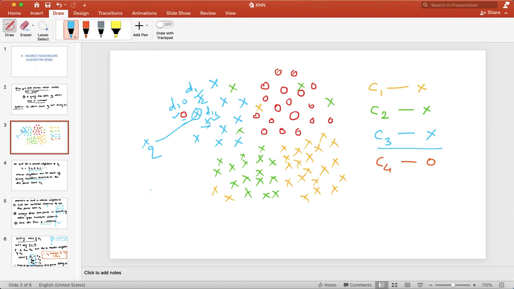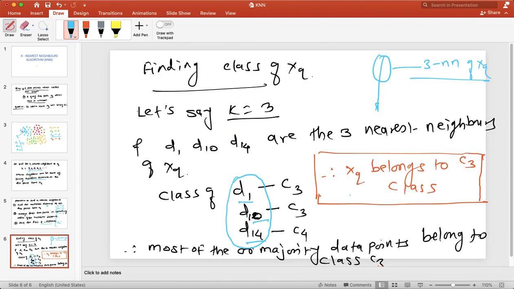That means we are taking the majority. That's why the class of XQ must be C3. We take a majority vote sort of thing. Thus XQ belongs to class C3, and that is how KNN works.